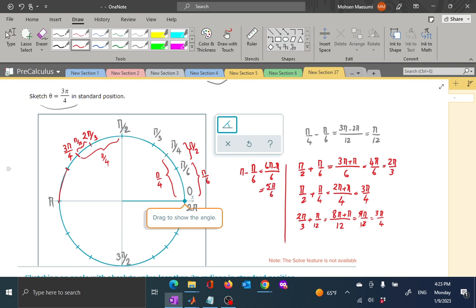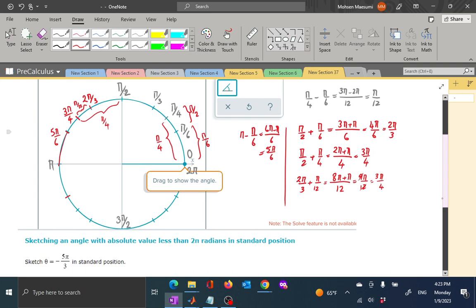So this angle would be 5 pi over 6. Many ways of getting to them. How about this one? Well, you can start from pi and add pi over 6 to it. So we are practicing a lot of addition and subtraction with numbers that are multiples of pi. So this is 7 pi over 6.